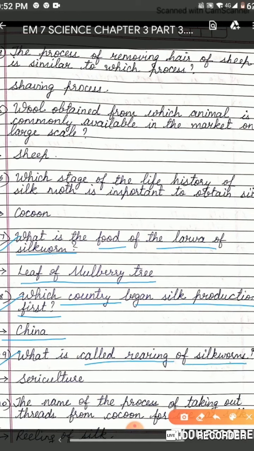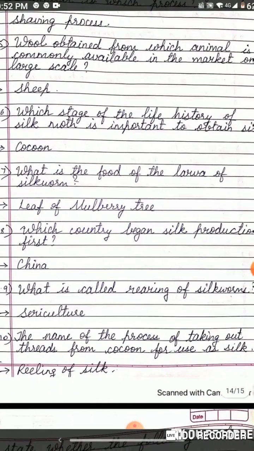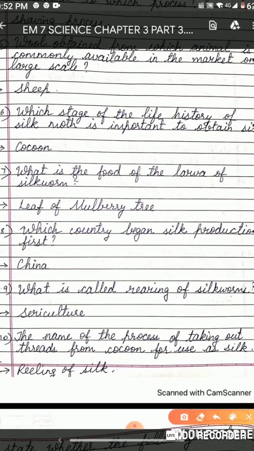Answer is sericulture. Next, the name of the process of taking out thread from the cocoon for use of silk is called reeling of silk.